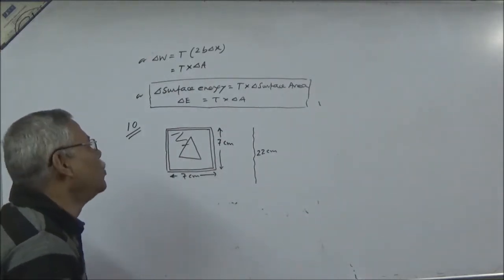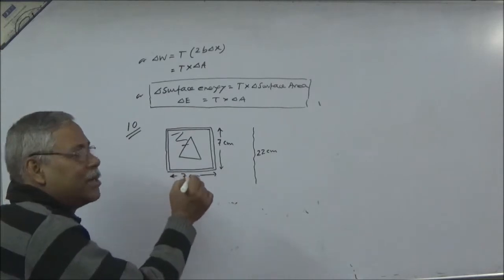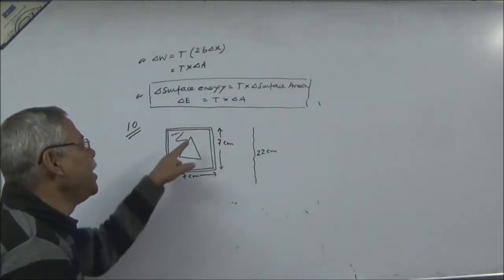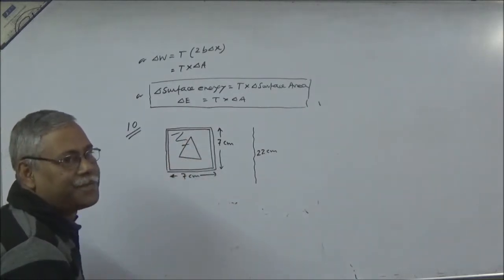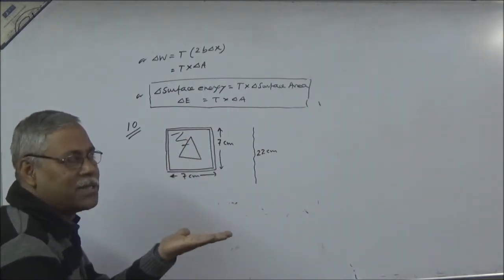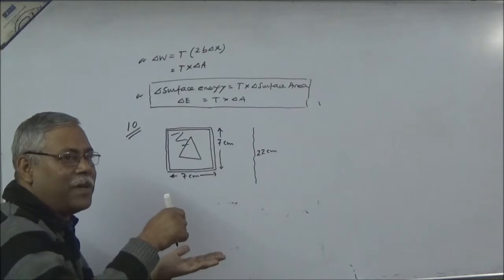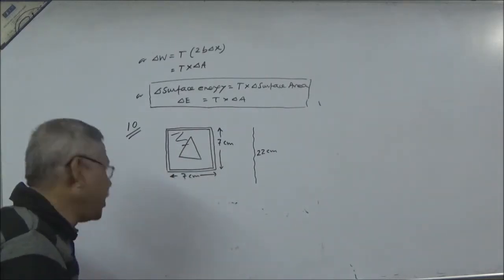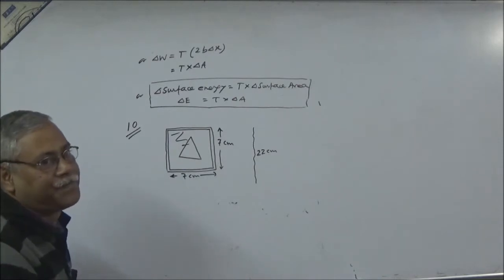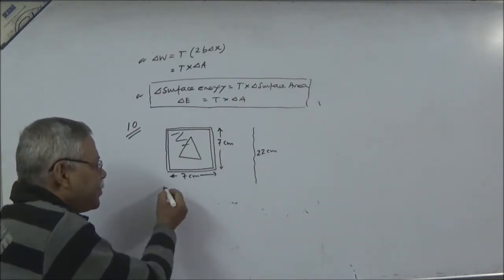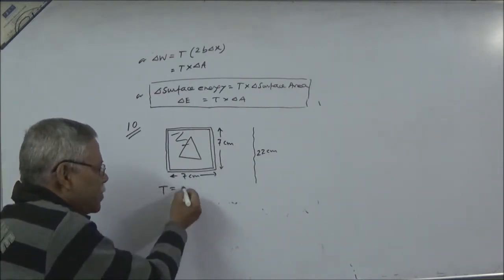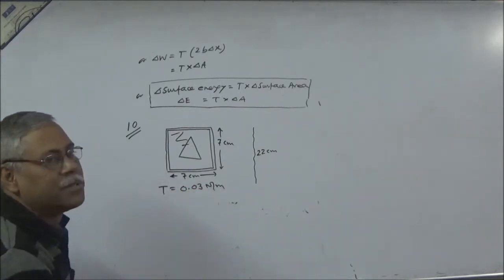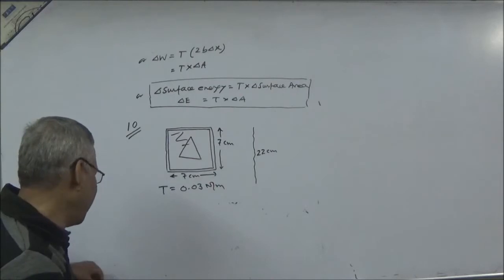Now with a needle you prick the film occurring inside the thread. Okay, so you are holding it like this. Take a needle, prick the film occurring inside this. Find the surface energy of the remaining film. Surface tension is given. How much? 0.03 Newton per meter. Find the surface energy of the remaining film.